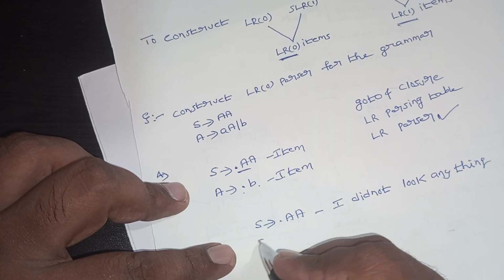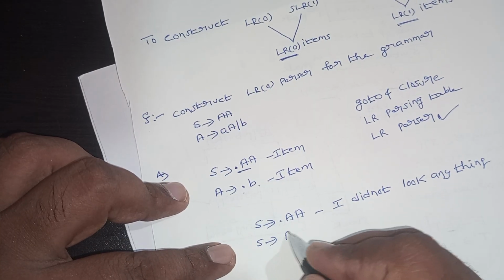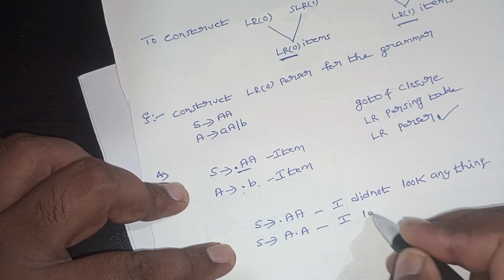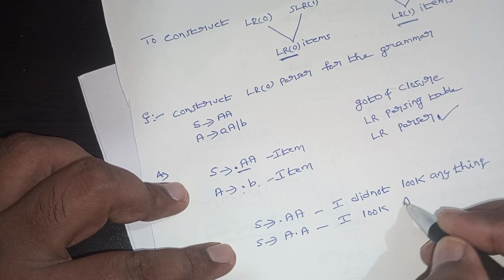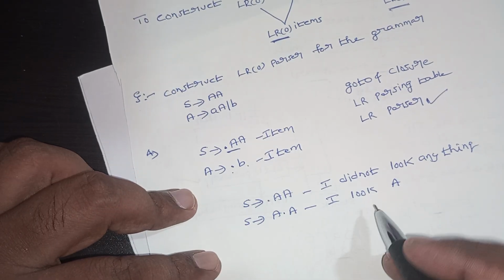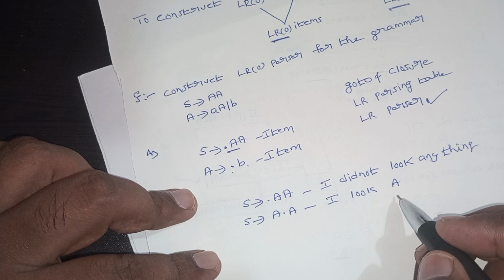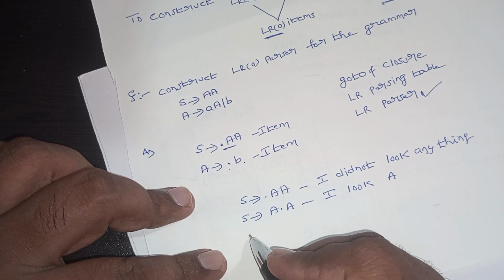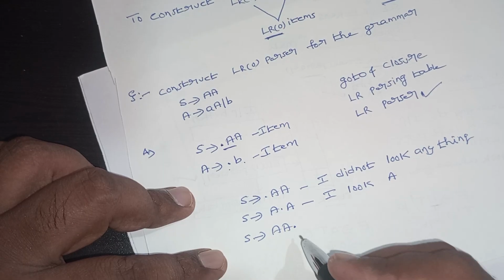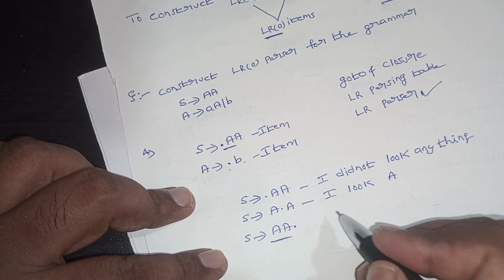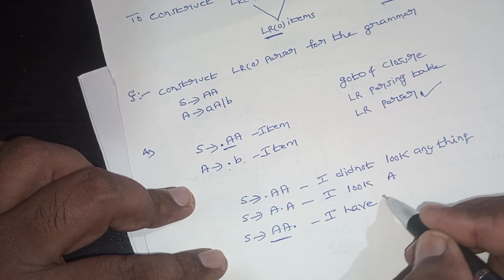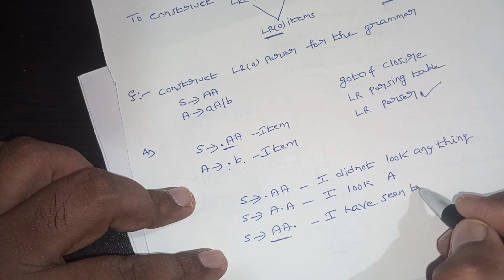Now if you write S tends to A dot A, I have seen A. Now if you write S tends to AA dot, I have seen everything.